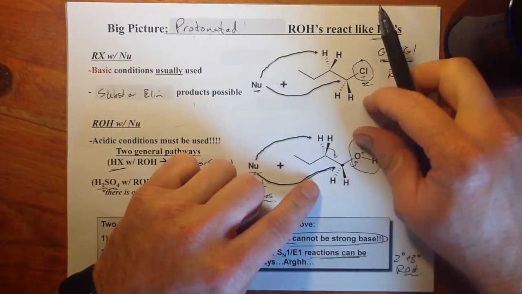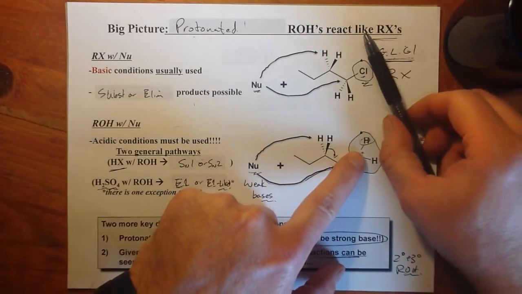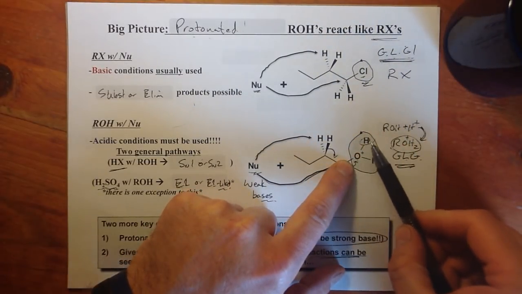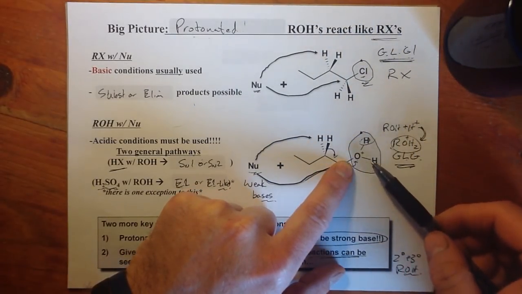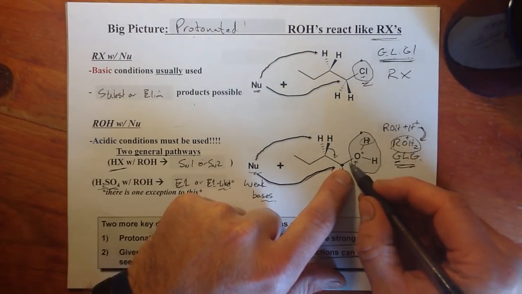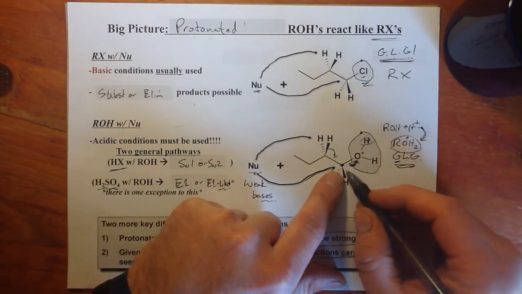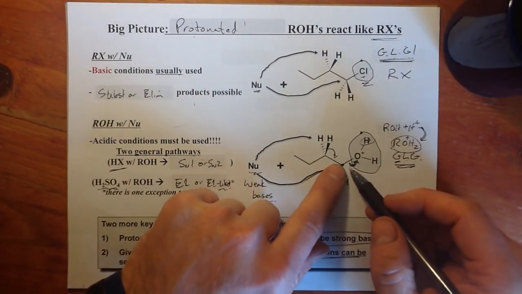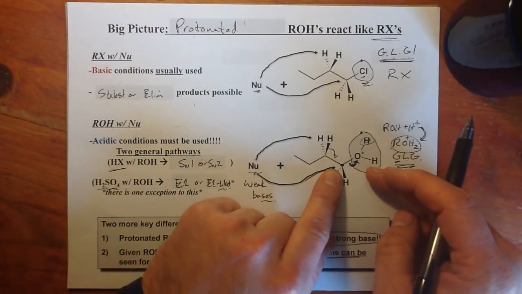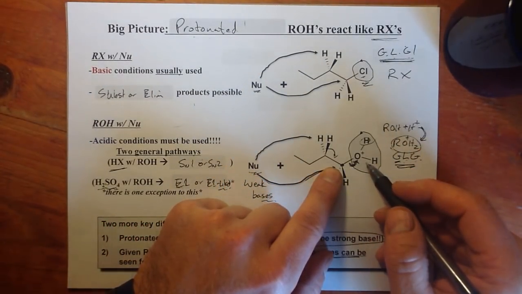We can't have just an OH there because that's not a GLG, a good leaving group. But if we protonate it, this becomes a water molecule. It's not the best leaving group, but it's still a good leaving group. Water can break away. Now it can break away in an SN1 situation where this breaks away first and then this comes in, or it can be SN2 and this breaks away at the same time.